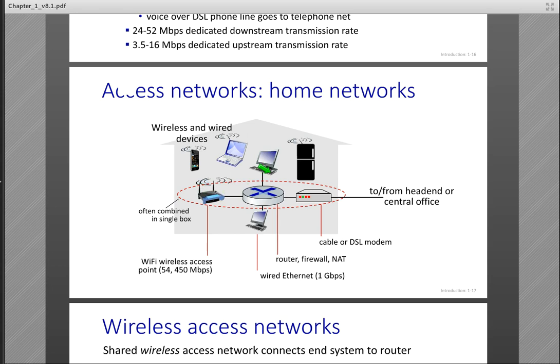But we know that a home network is a small area. Here you can see a circle with a dashed line around the access point, a router, and a modem, because in a home network, these three devices are grouped and built into one device.